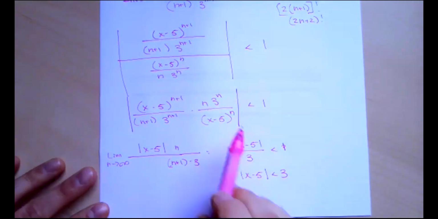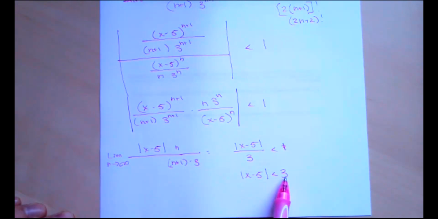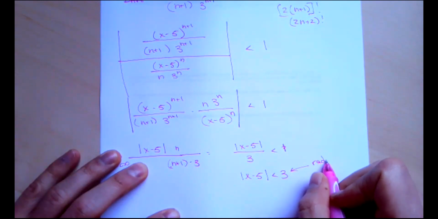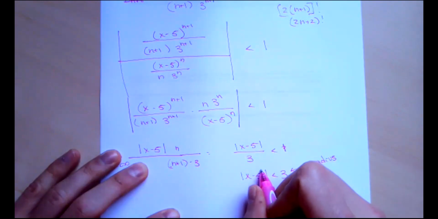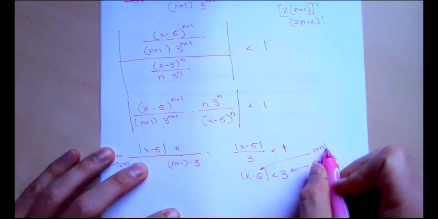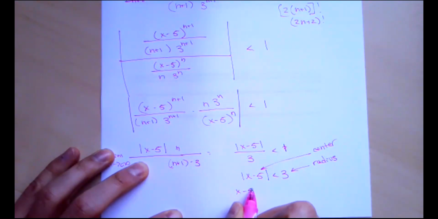So now we're actually told with this specific function, our radius of convergence is 3. Again, we have these x minus 5s, that's our center. And so what is the interval of convergence from that?